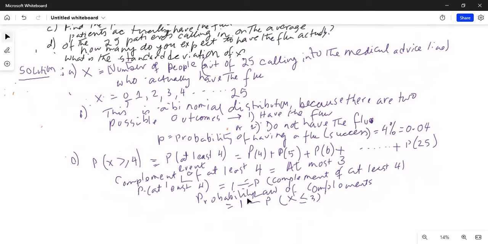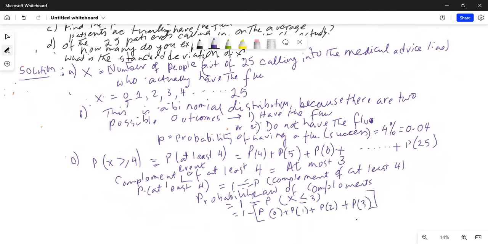So this we will do in our calculator, which is 1 minus the probability of, in parentheses, 0 plus probability of 1 plus probability of 2 plus probability of 3. Because from 0 to 3 is the complement of at least 4. So 1 minus the sum of these probabilities.